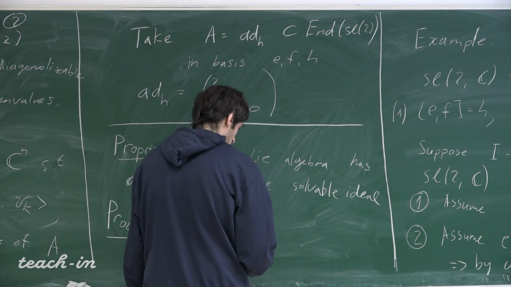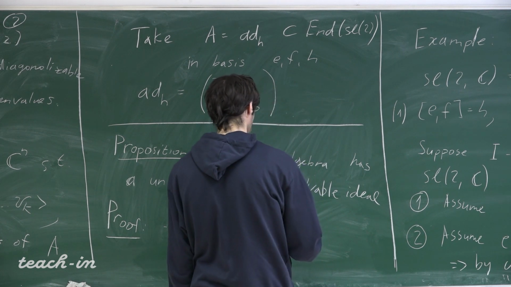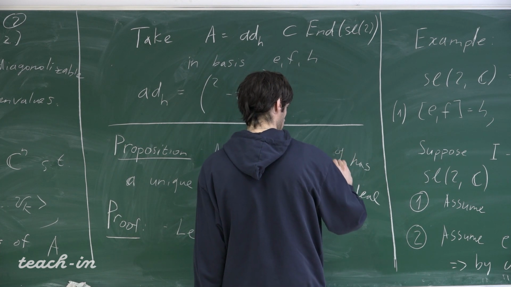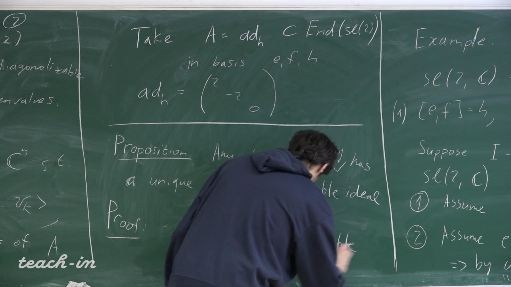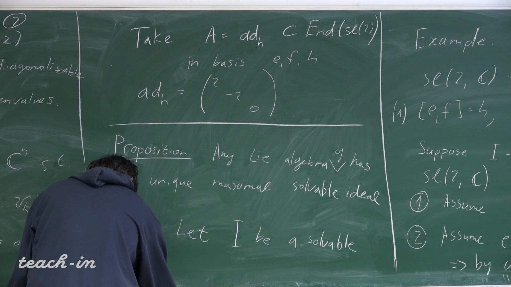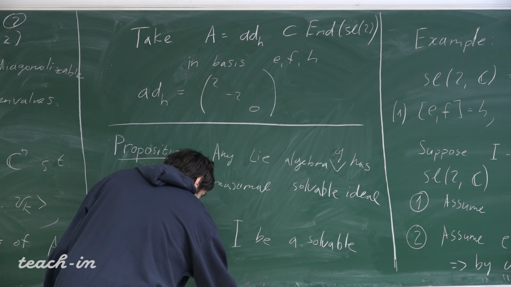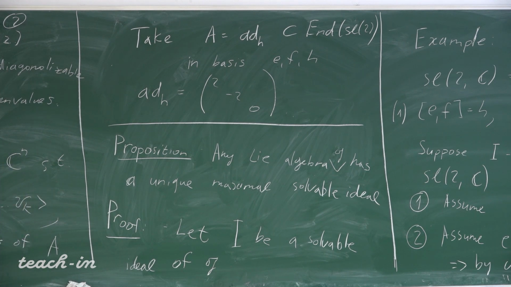Let's call our Lie algebra G. Let I be a solvable ideal of G of maximal possible dimension. Maximal means that it is not contained in some other proper ideal.